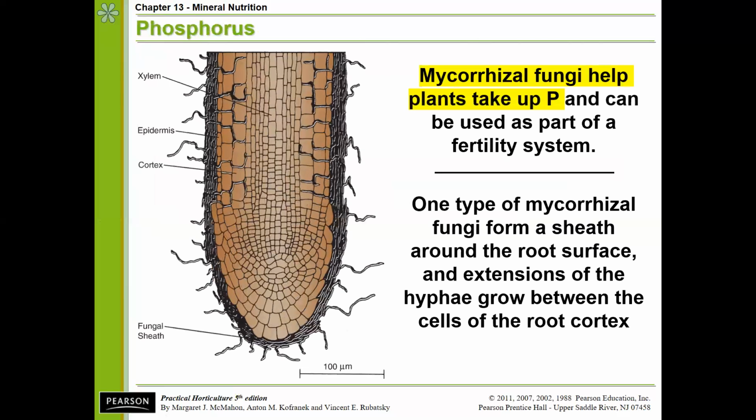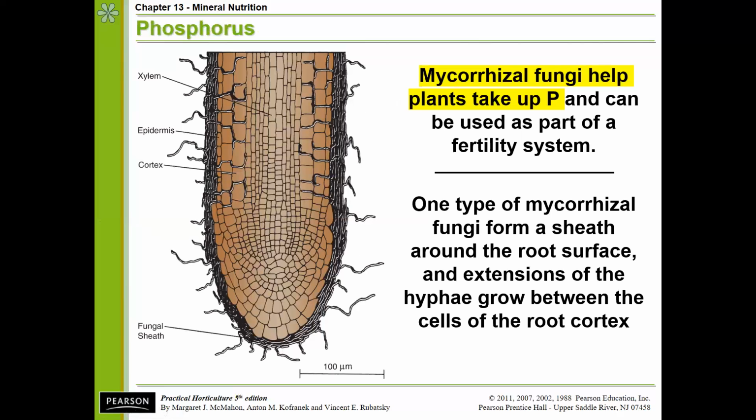We can have a fungal relationship, a symbiotic relationship with mycorrhiza, which often forms a fungal sheath on the outside of roots. It helps to uptake phosphorus and is often used today in many different commercial growing mixes.